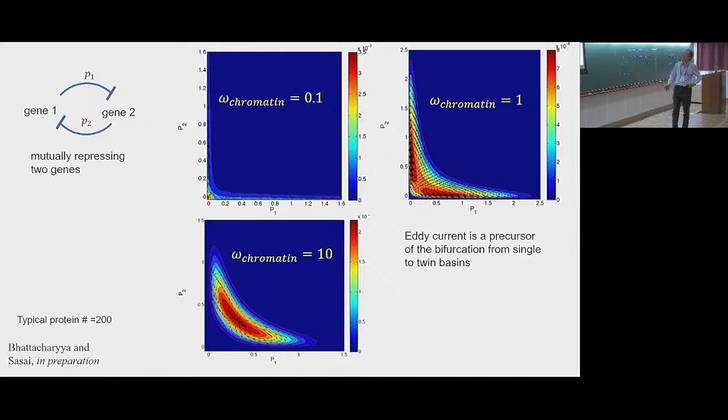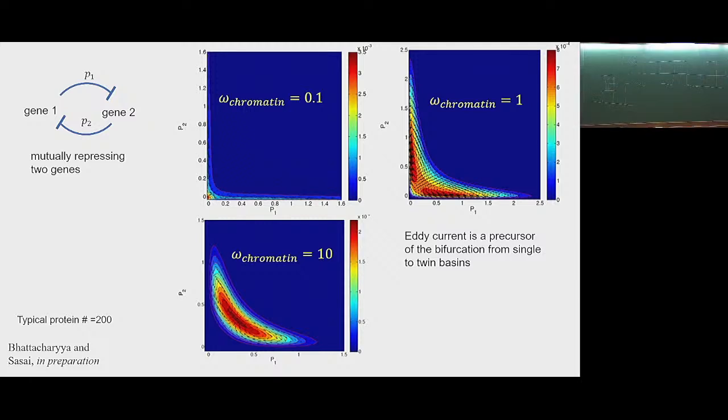And for this set of parameterization, if the chromatin state change is fast enough, this is not so realistic, but if the chromatin change time scale is faster than the protein number change, then we have the single basin. But we have the circular current.